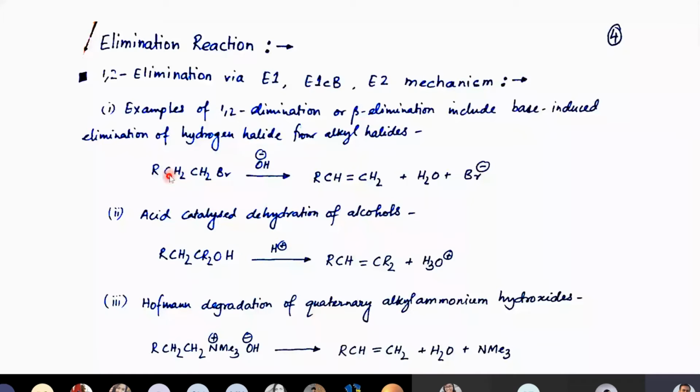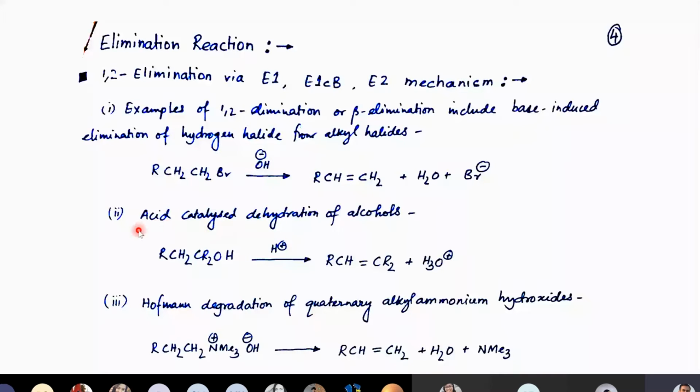One hydrogen is released from here and the leaving group bromine is released from here, so you get this alkene. These are called alpha-beta elimination, beta elimination or 1-2 elimination. Such examples are often observed in base-induced elimination of hydrogen halide from alkyl halides. This is one such example.